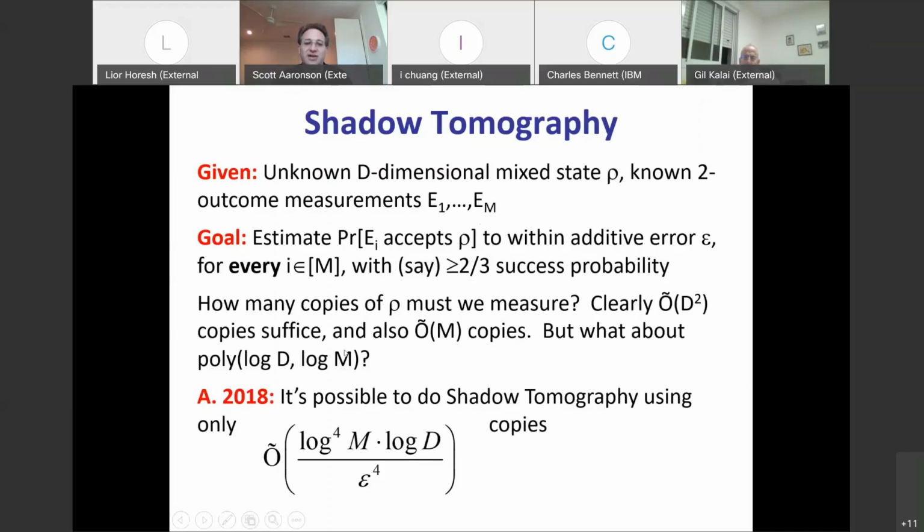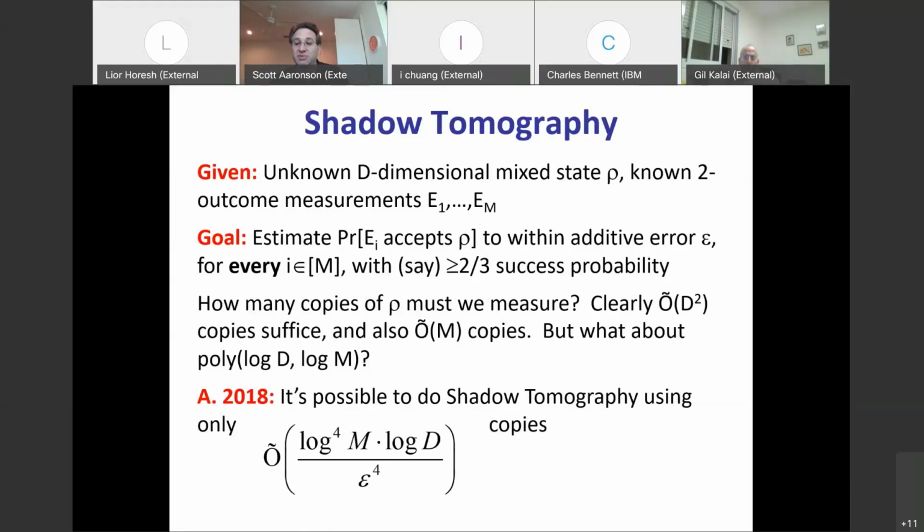It also scales like log of M to the 4th power, where again, M is the number of 2-outcome measurements that we care about. And it scales like 1 over epsilon to the 4th, where epsilon is the additive error in each of our probability estimates.